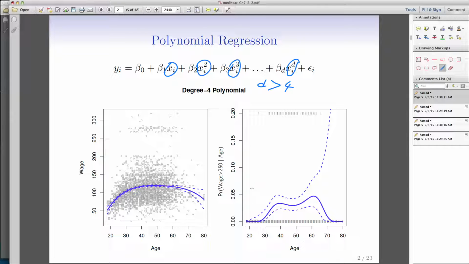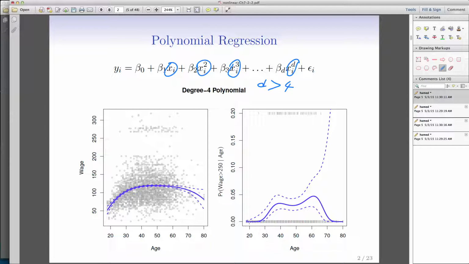On the right-hand side panel, we have the probability of wage being more than 250. So we introduced an indicator variable: if there are some observations that are 250K and above, that is 1. If you're a low income earner and your income is less than 250, you're set to 0.